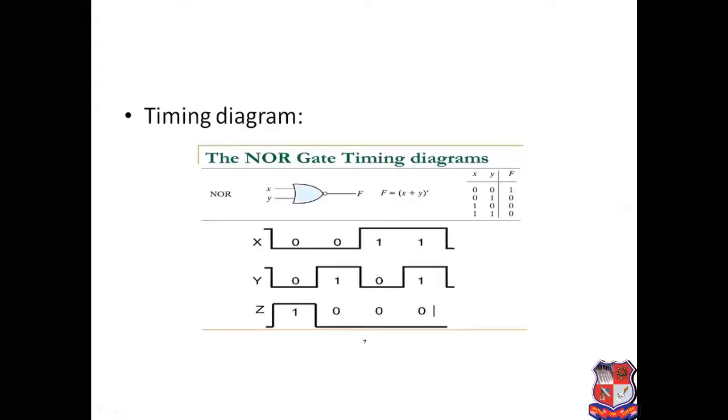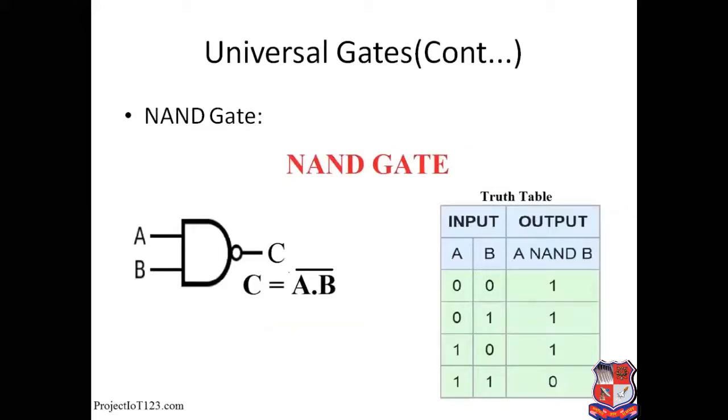Now we will see another universal gate, which is the NAND gate. So same in the NAND gate, you can see that if you are putting values here, the same I will show you.